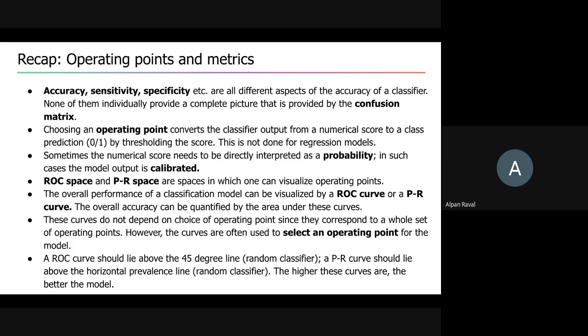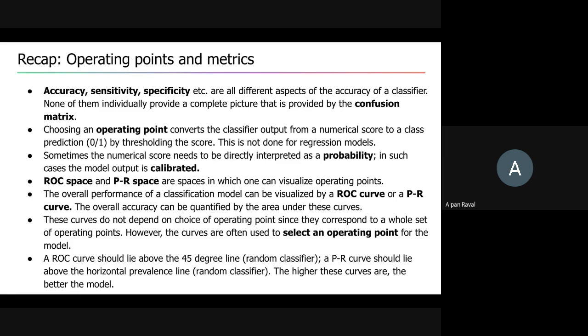But once you've drawn the curve, the curves are often used to select an operating point for the model. Once you have these ROC curves, given on-the-ground criteria on things like sensitivity, specificity, or precision, you can just eyeball the curve and decide what your operating point should be.